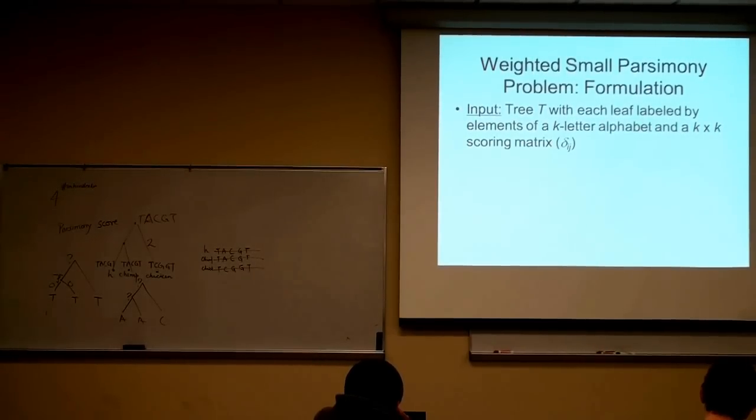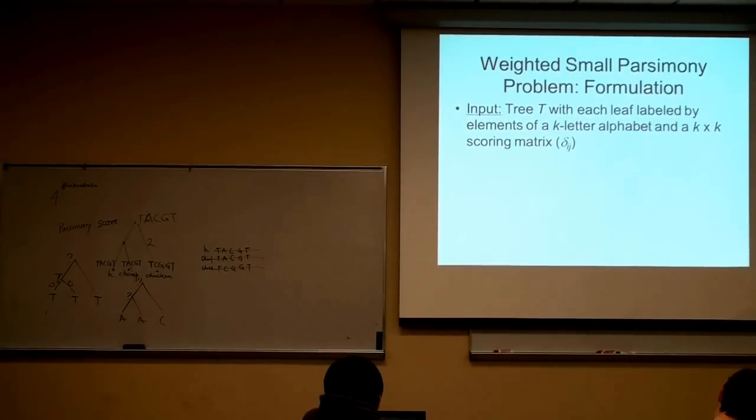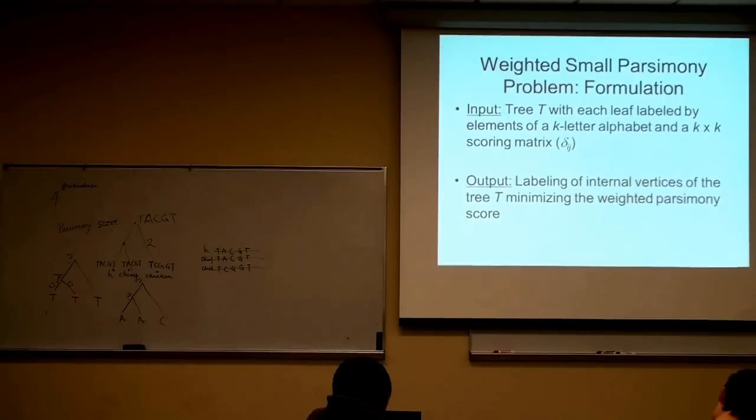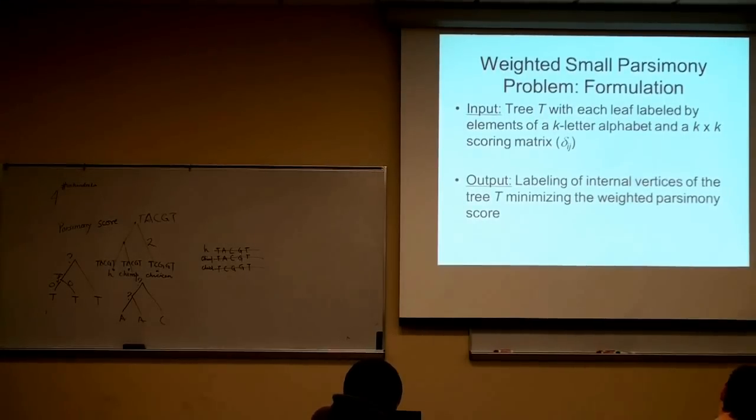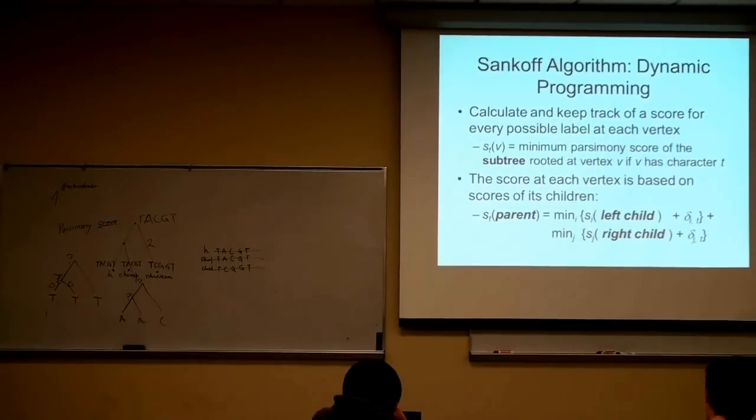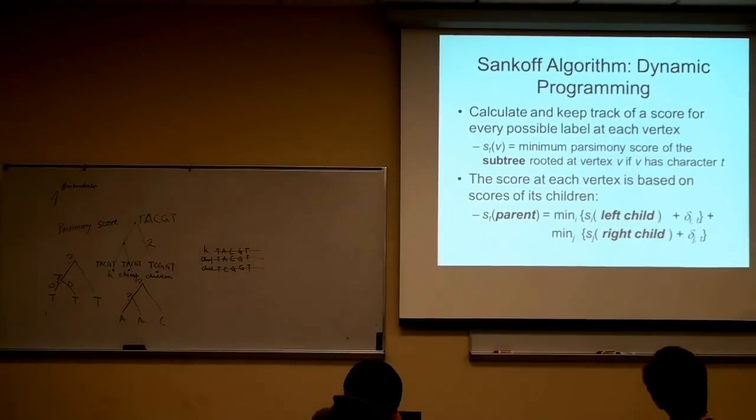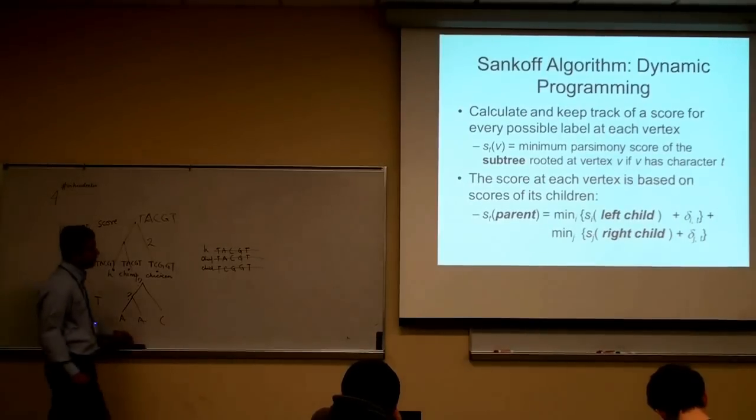So you're given a tree T with each leaf labeled by elements of a K-letter alphabet, and a scoring matrix. And then the output is a labeling of internal vertices of tree T. And here's the dynamic programming algorithm.